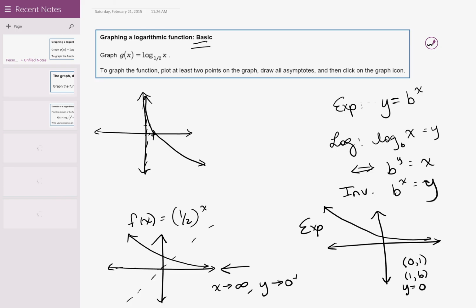In this one, as x goes to 0 from the right, y goes to positive infinity. So that arrow notation is useful for us as well here to check ourselves before we hit submit.